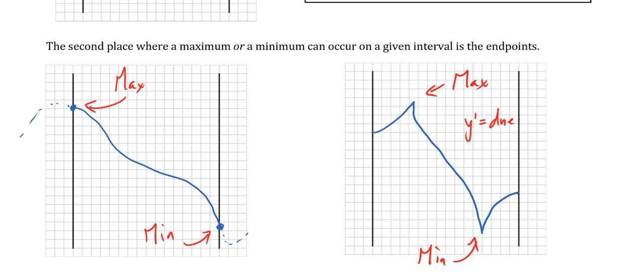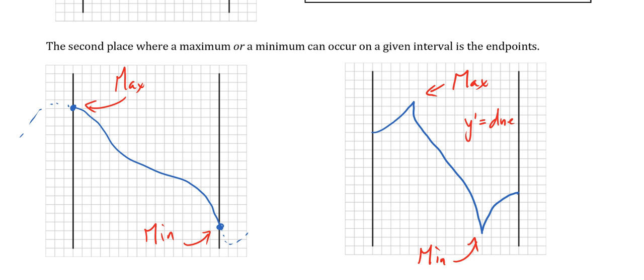We can figure out that there are critical values by examining the first derivative of a function and testing those functions. And if I test the intervals and all the critical values, I'm going to find the maxes and mins on that interval. That's where we're going. So the first thing is we have to find those critical values. And the next thing is to test them, because in the interval, they may or may not be the max.